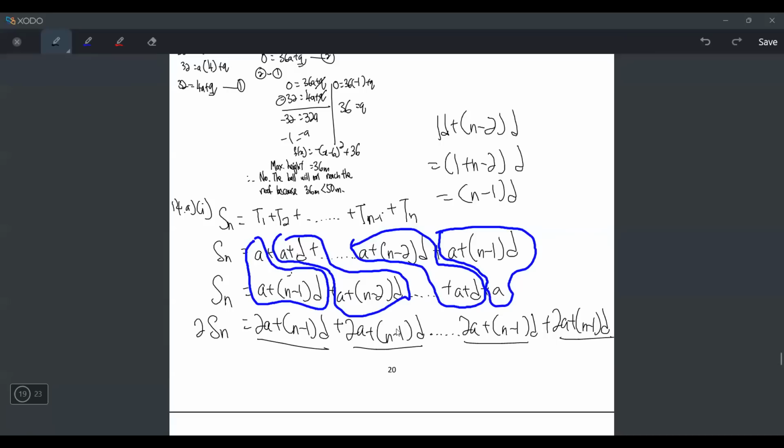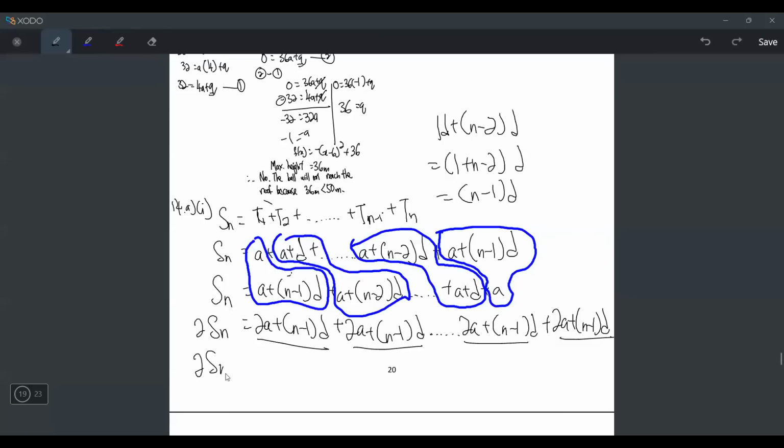But how many of these do you have? There should be n. You should write this n times. Right? If this is S4, then it's just 1, 2, 3, 4, four terms. If it's S5, then it will be 5 terms. But since this is Sn, it means there are n amount of these.